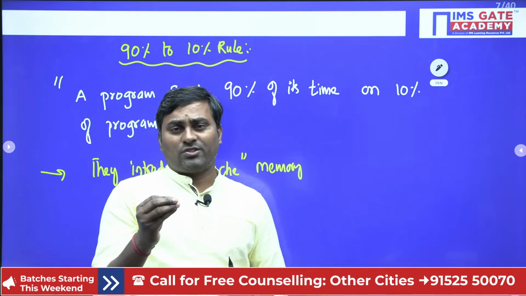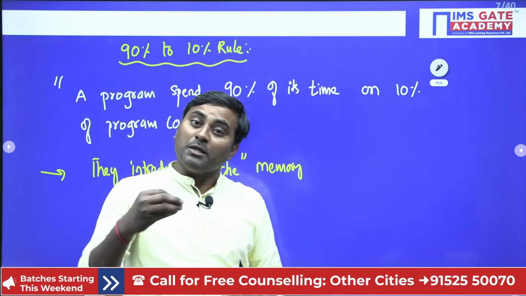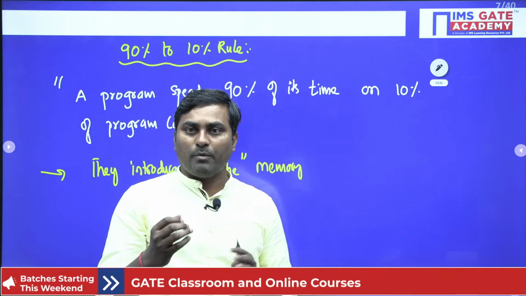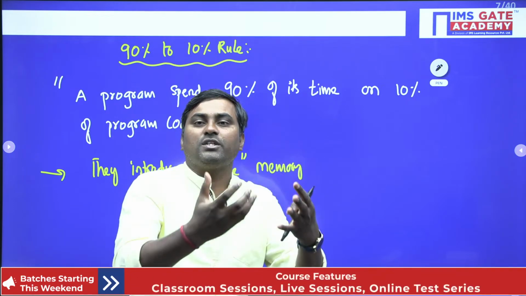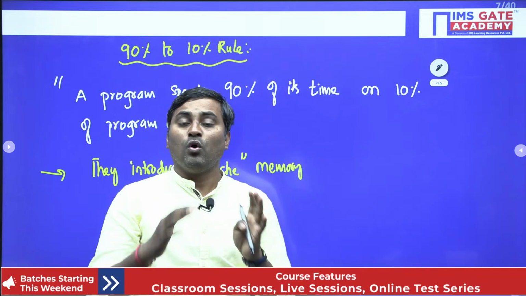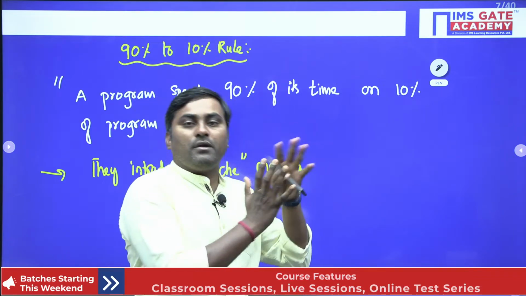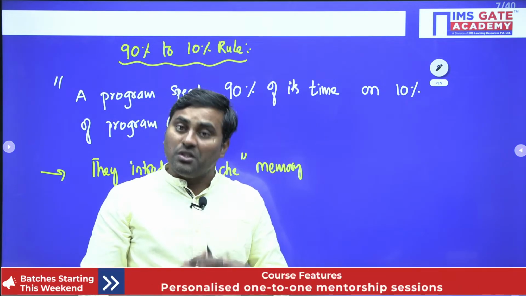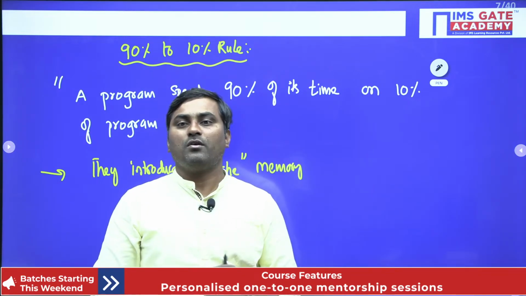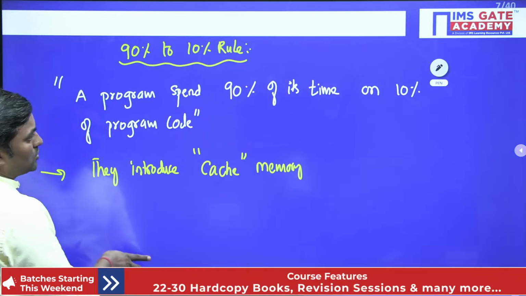The instruction or data which is frequently repeating. The processor is fetching an instruction or data which is repeatedly executing. Those data, if you keep them in this cache memory, it is going to reduce the average access time, not the individual access time. Let's observe how the cache memory will reduce it.